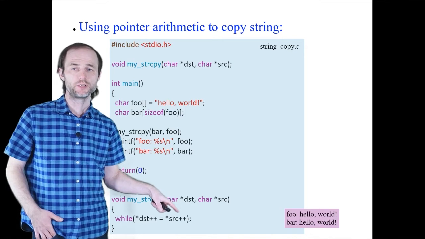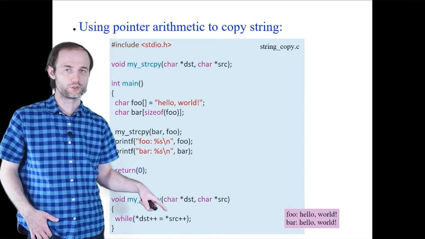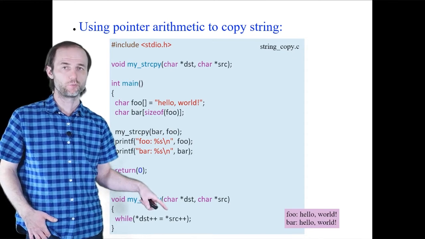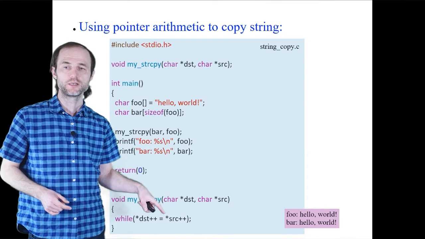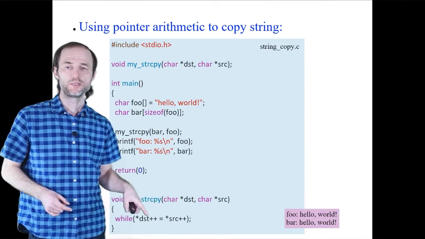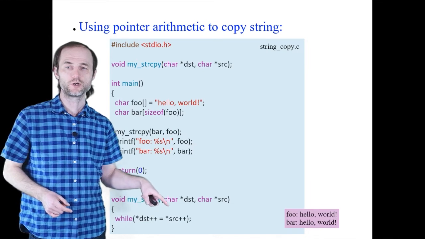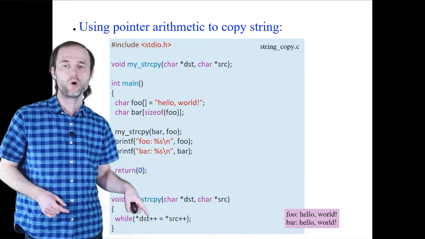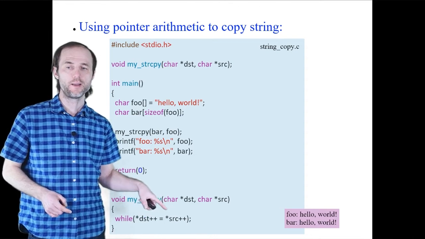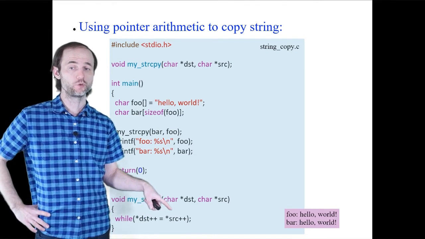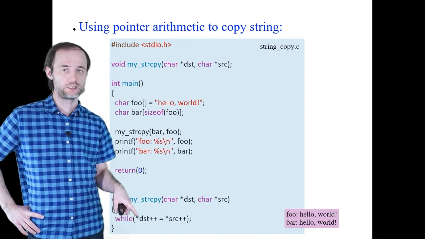The ++ takes precedence over the star, as you can check back into our precedence table. And that means that the star dst++ equal to star src++ will assign the value that's located at the location pointed to by the src pointer to that of the dst pointer.